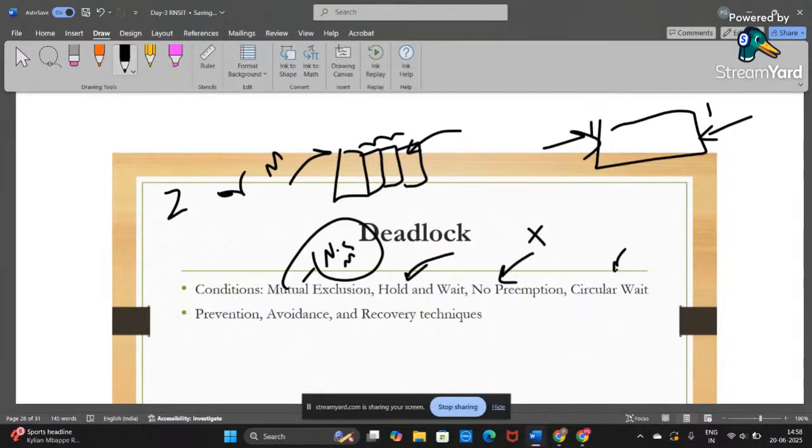Circular wait means a set of processes are waiting for each other in a circular chain. I'll repeat it again: the set of processes are waiting for each other in a circular chain. This is called circular wait.